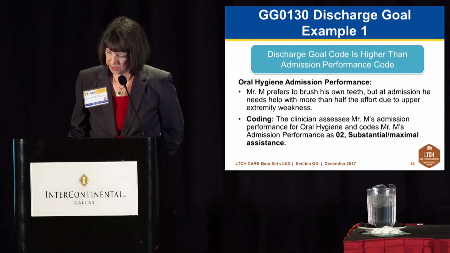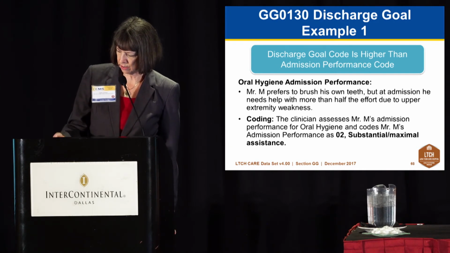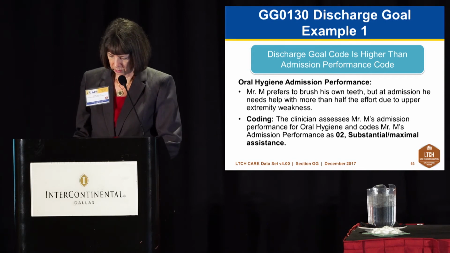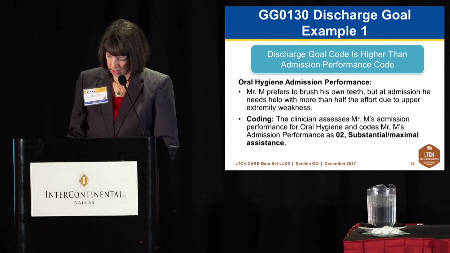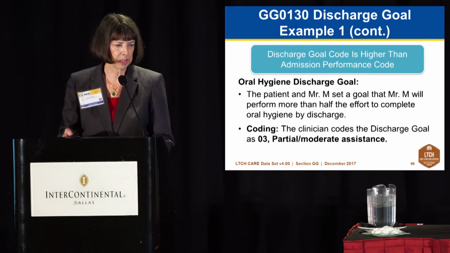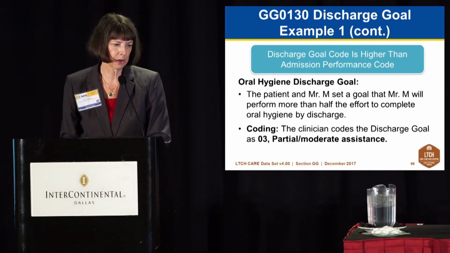If the clinician determines that the patient is expected to make gains in function by discharge, then the code is reported for the discharge goal, and of course it will be higher than the admission.